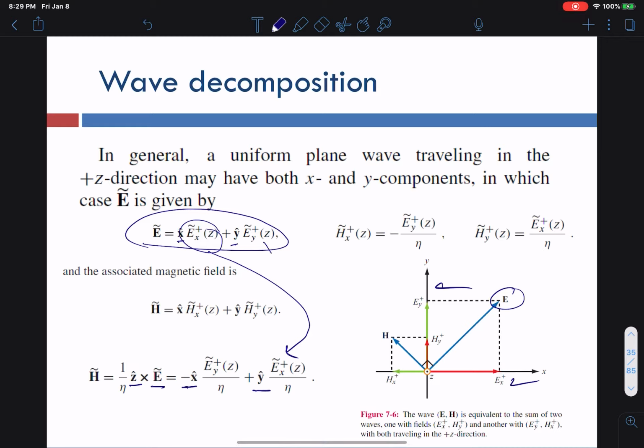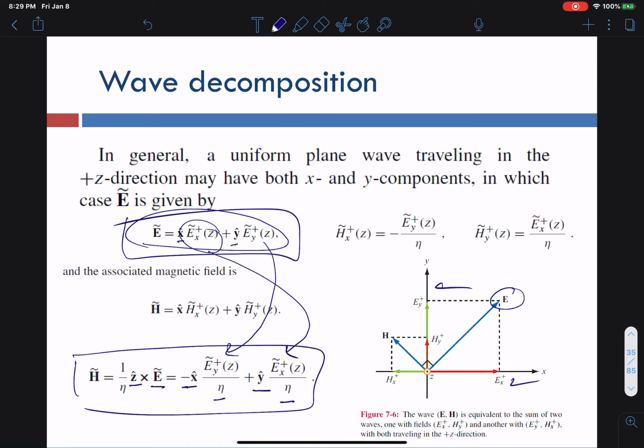That's why your Y component came to that. So H is basically negative X hat E_Y in the positive Z direction over eta, plus Y hat E_X in the positive Z direction over eta. So these are the two very common expressions for E and H, which have both X component and Y component.